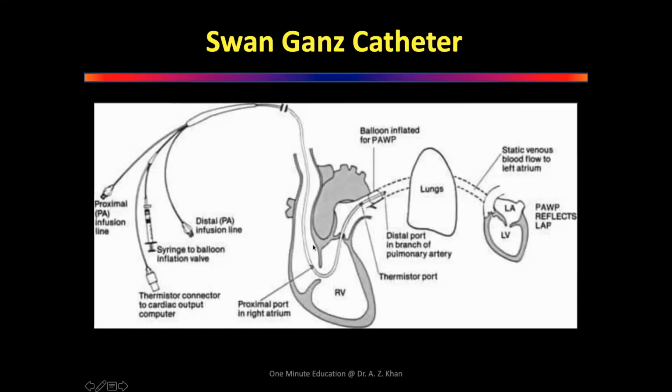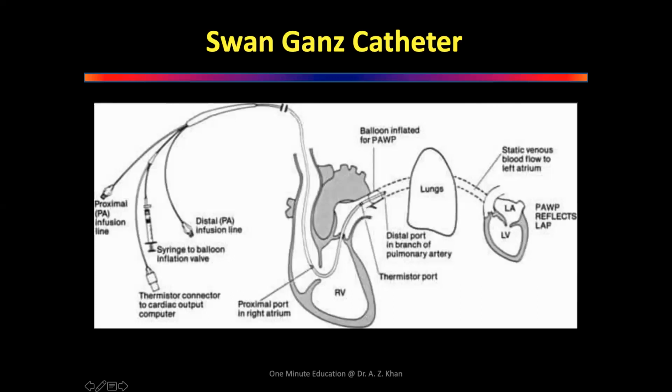And then you monitor this. As you move it along with the flow of the blood, it floats, so it's called floating a Swan. You float the balloon across the pulmonary valve to go into the pulmonary artery.